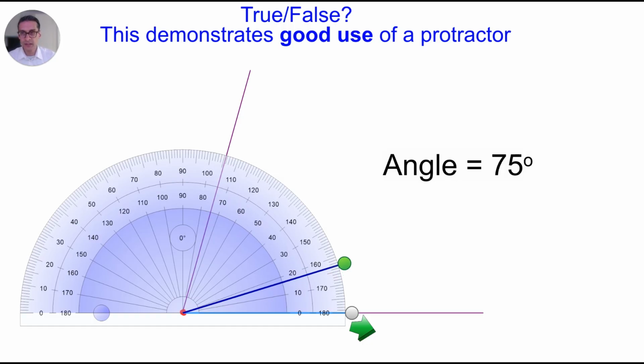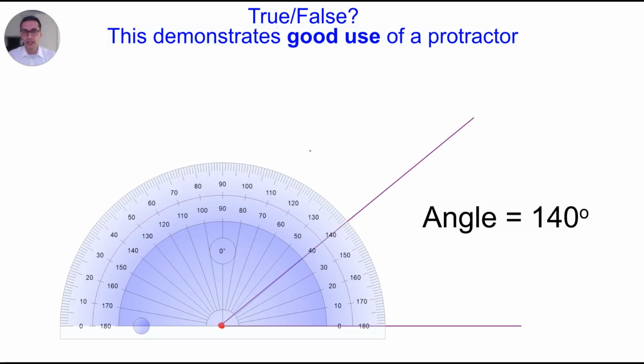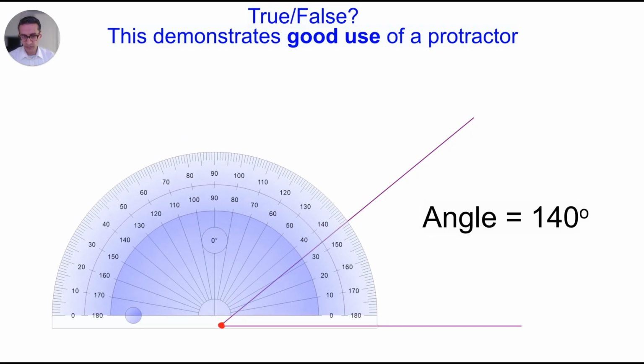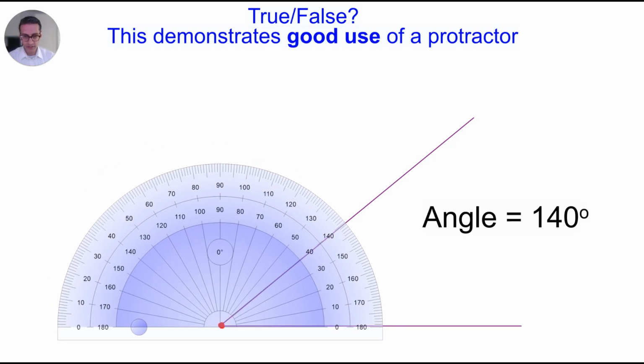So I'm going to say yes, this is a good use of protractor. Is this a good use of a protractor? Pause the video and think. Okay, so I can see firstly the origin and the vertex are lined up, the red dot and then the protractor, so that's lined up nicely.